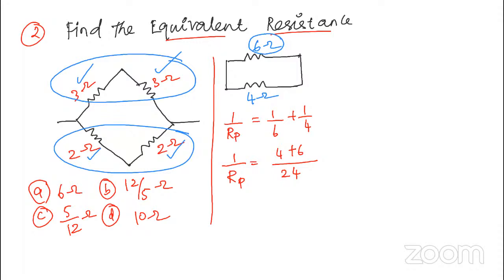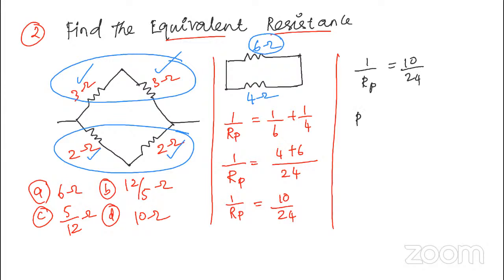So let us check: it is 10 by 24, and here 1 by RP. So 1 by RP is equal to 10 by 24, and RP is equal to 24 by 10. So here it is 12 by 5. RP value should be equal to 12 by 5 ohms.